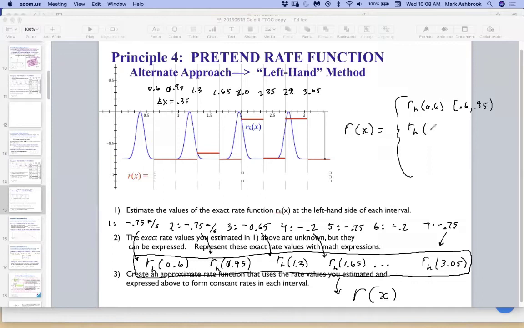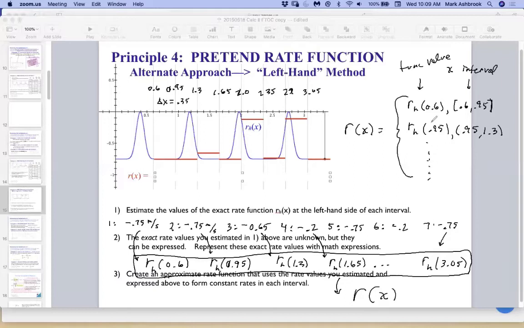R sub h of, actually we need it to be closed here, 0.95 from 0.95 to 1.3, etc. So this is the interval of x. And then this is the function value. And so we could keep doing that.